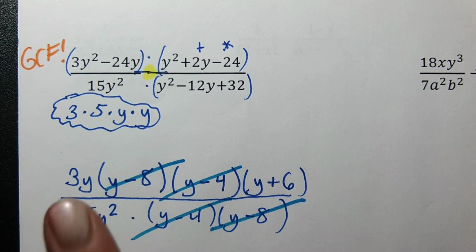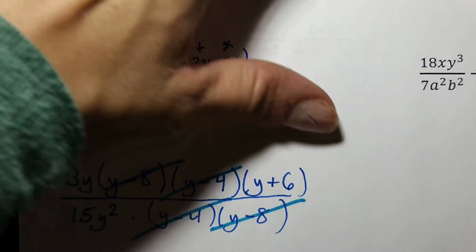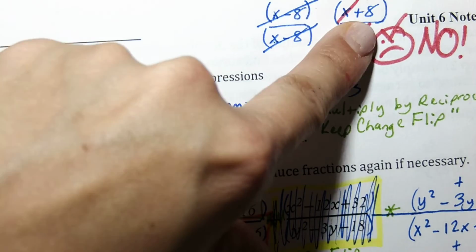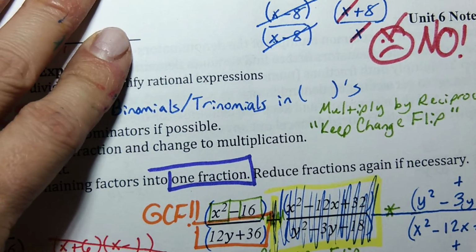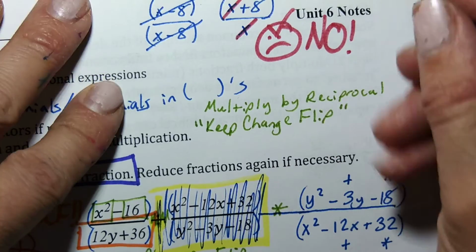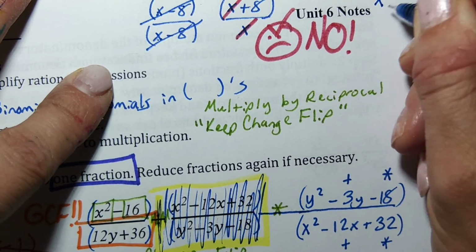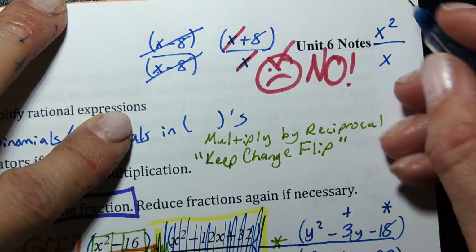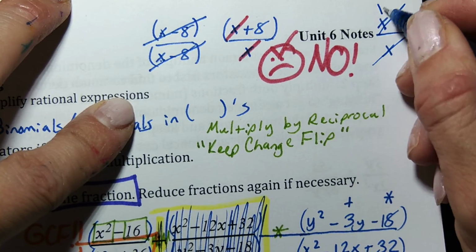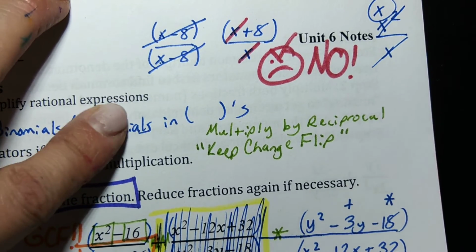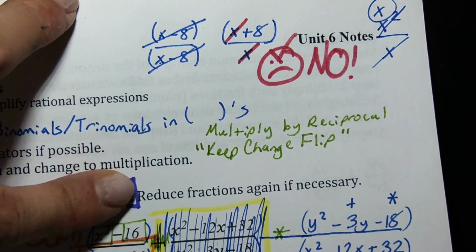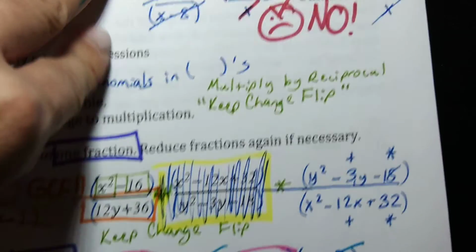Now, what about this? I said up here that I can't take out parts from binomials with each other. But what I can do is if I have x squared over x, I can take out an x from both of those. This is exactly what we did in the last unit with those math spam rules. I am allowed to do that because x squared is x times x.